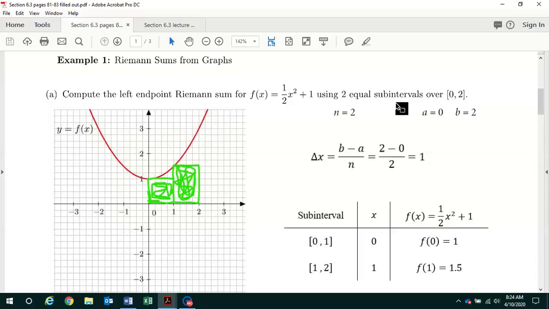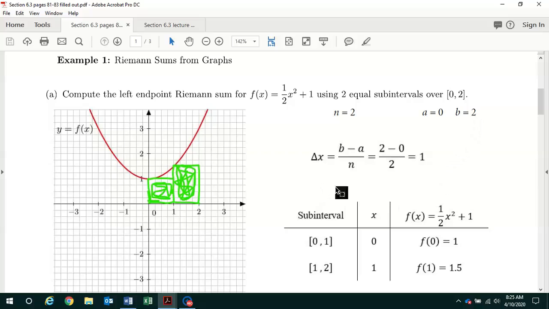Using two equal subintervals means the number of rectangles n is equal to 2, and over the interval from 0 to 2 means the first number in the interval, a, is equal to 0, and the last number, b, is equal to 2.